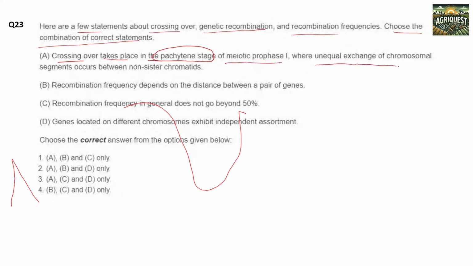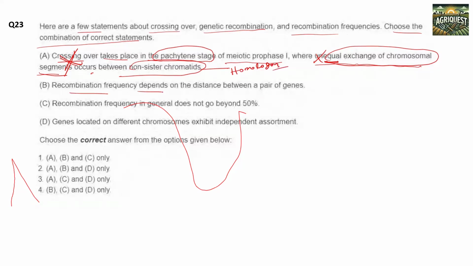Unequal exchange of chromosome segments occurs between... no, this is not unequal, this is equal exchange, so the statement is incorrect. The equal exchange of chromosome segments occurs generally between non-sister chromatids of the homologous chromosomes.